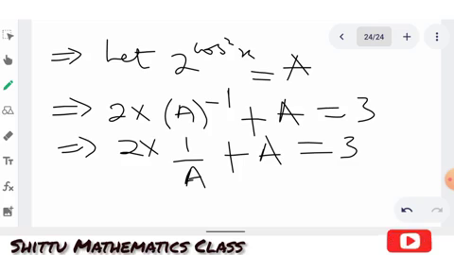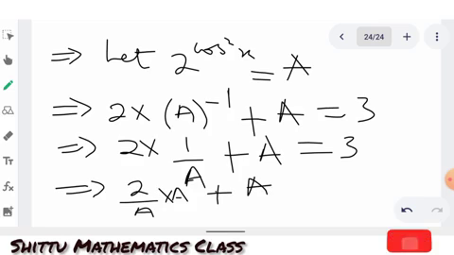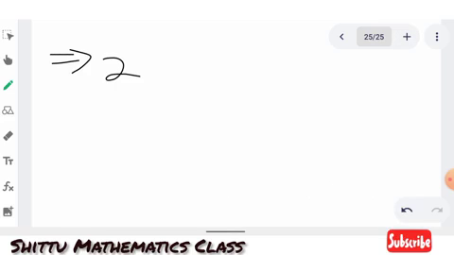We clear the fraction by multiplying through by a: 2 over a times a, plus a times a, equals 3 times a, that is 3a. Then we go further. We cancel this a here. We are going to have 2 plus a squared equals 3a.